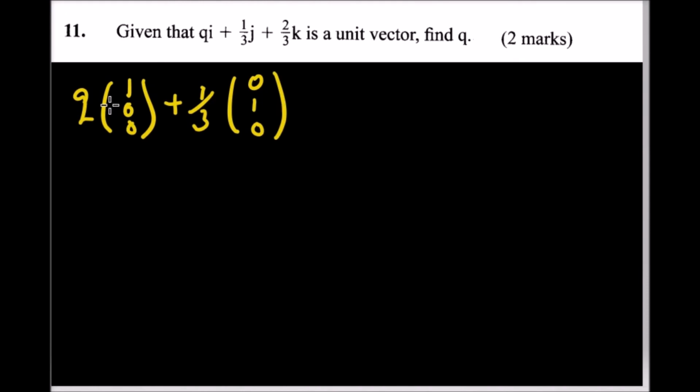A unit vector is a vector whose magnitude is equal to 1, and therefore we know the vector i is written as, so we can write q into bracket, 1 0 0, that is i, plus a third j is written as 0 1 0, that is a unit vector of 3 dimensions. So they have 2 over 3, and it is written as 0 0 1.